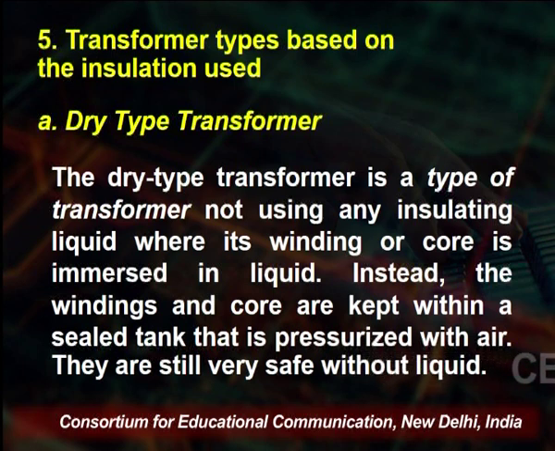The transformer which is based upon the insulation, first is the dry type transformer. This type of transformer does not use any insulating liquid where its winding or the core is immersed in liquid. Instead, the winding and core are kept within a sealed tank that is pressurized with air, and they are still very safe without the liquid.